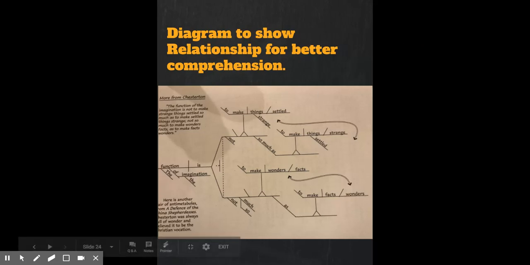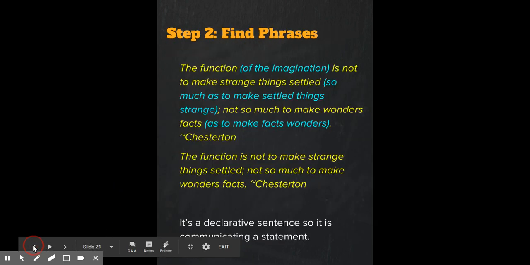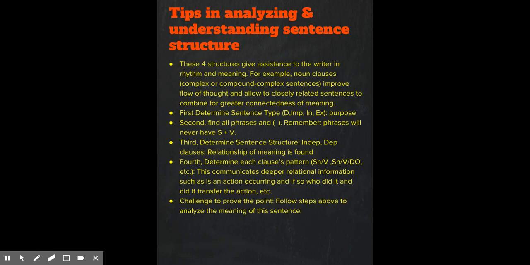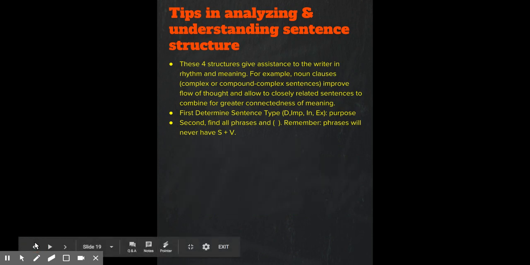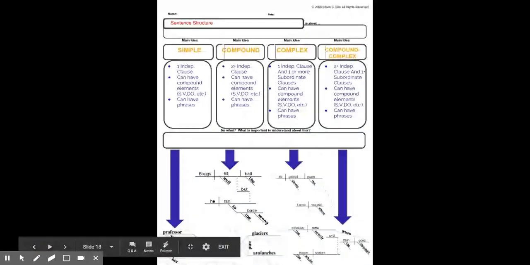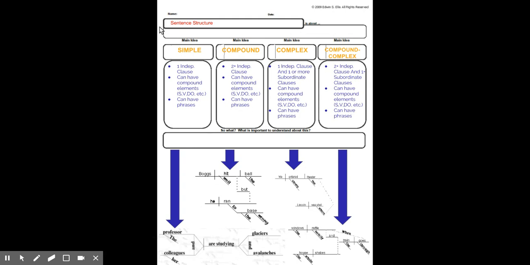Let's just review real quick, since that was such a tough go. If it'll let me go back, I'm going to go back to the last note slide and just review real quick. So what we learned today is sentence structure. How many are there? 4. We have a simple structure, that's just an independent clause.